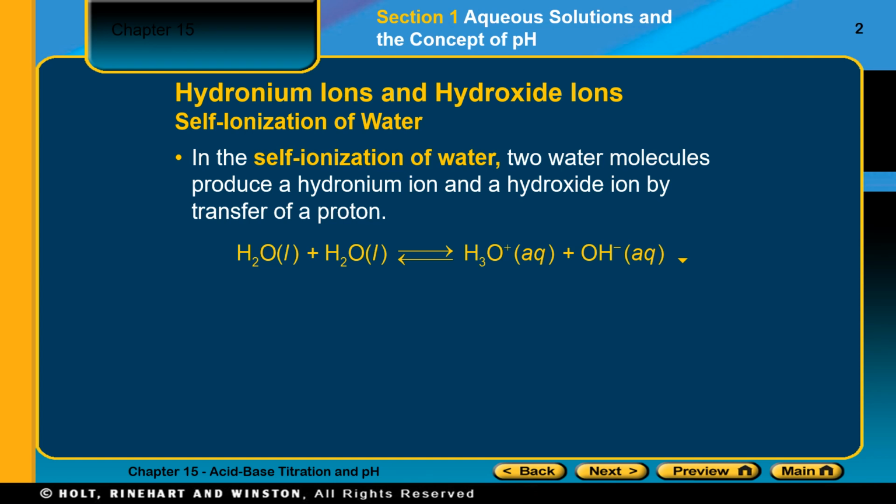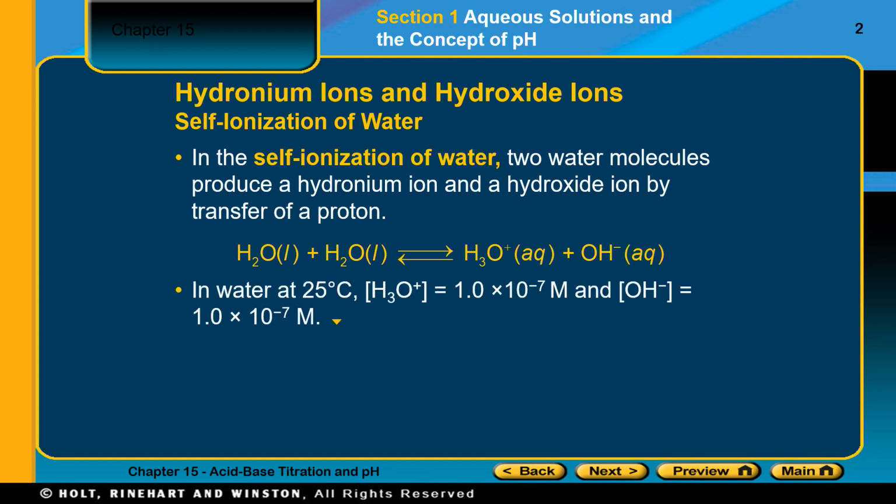Now, notice in the middle that we have the arrows pointing in both directions. This is by no means completely ionized. In fact, it's only slightly ionized, but it does happen, and it is an important thing in our growing understanding of acids and bases. Now, in water that's at 25 degrees Celsius, around room temperature, the hydronium ion concentration in pure water that has self-ionized is around 1.0 times 10 to the minus 7 molar.